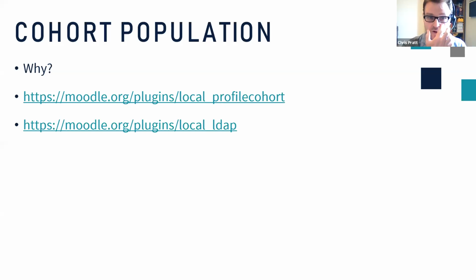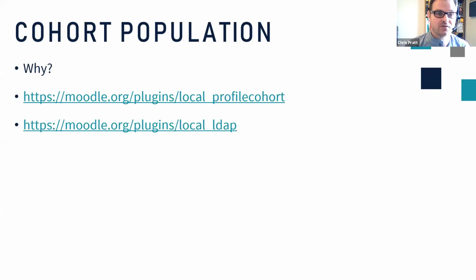So what have we got? We've got cohort population. So why would you use cohort population? We have a number of users sites where normally we would recommend our integration that we've written, so that it would directly connect to a client's SIS. And what we found is that some clients don't have an SIS that we can connect to for whatever reason.